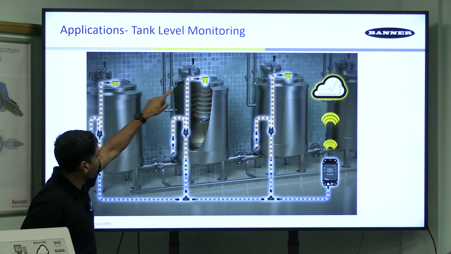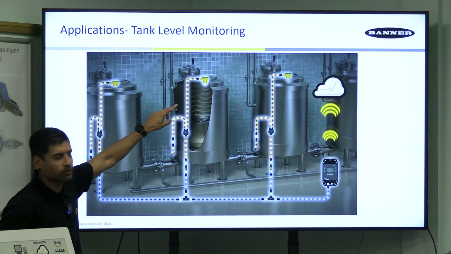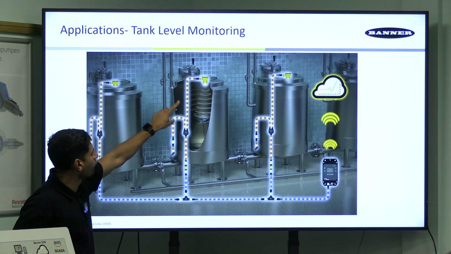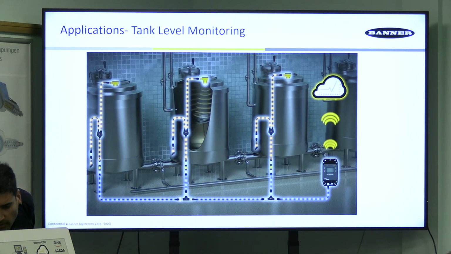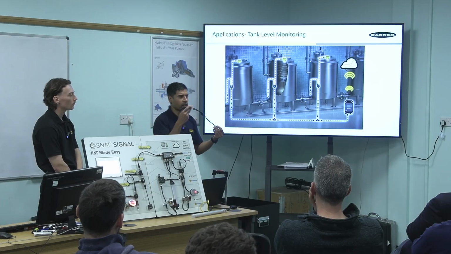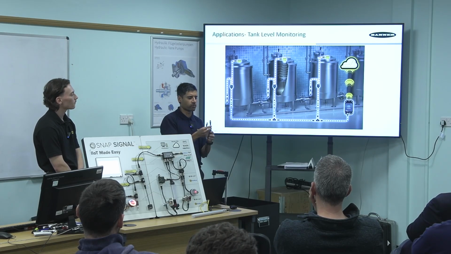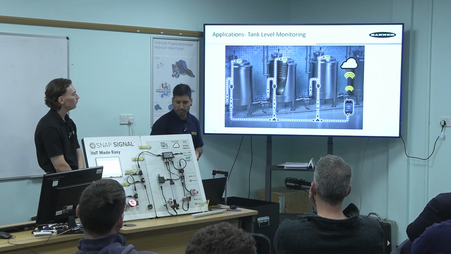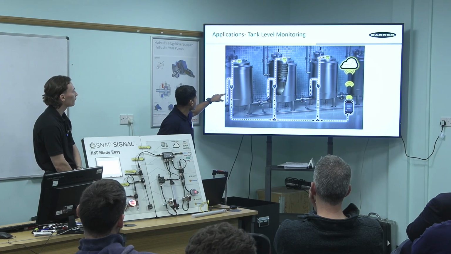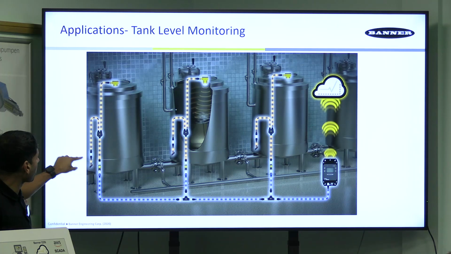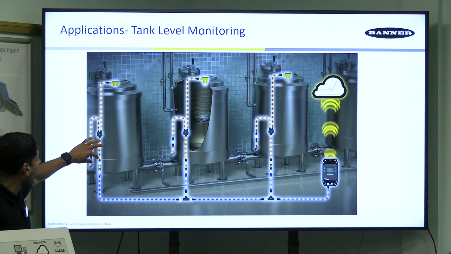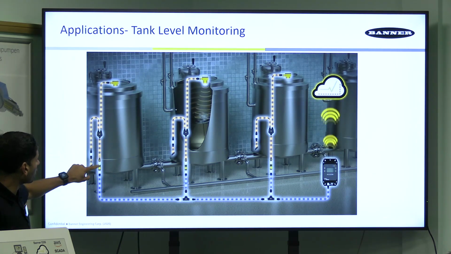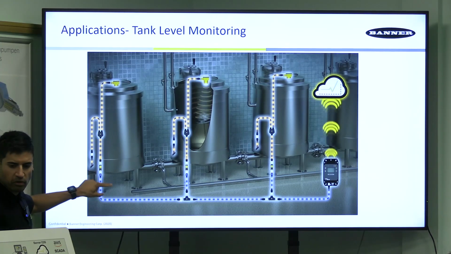We can take that 0 to 10 volt signal from the sensor and use one of our T-splitters. This is just a parallel 5-pin splitter. We can keep the signal going back to the PLC, so it's doing its main job, but then we can tee off, get that analog signal, and convert it to a Modbus signal.